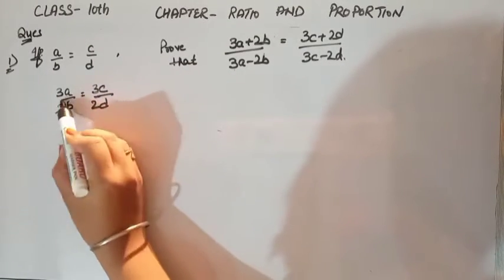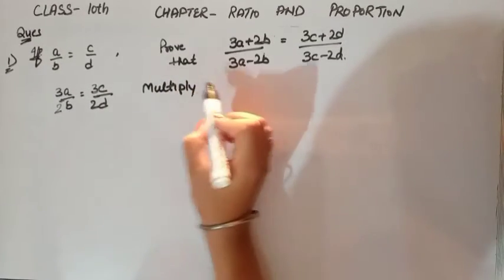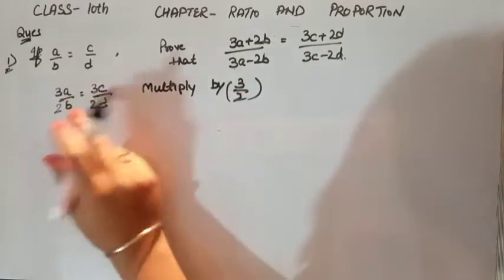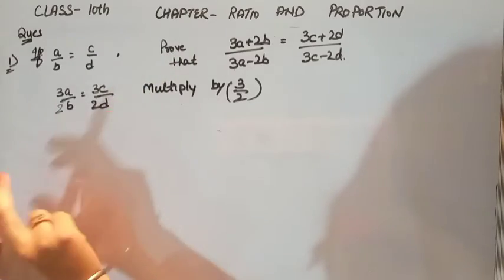It means we have to multiply by 3 and 2 on both sides. What will we get? 3A upon 2B, 3C upon 2D.